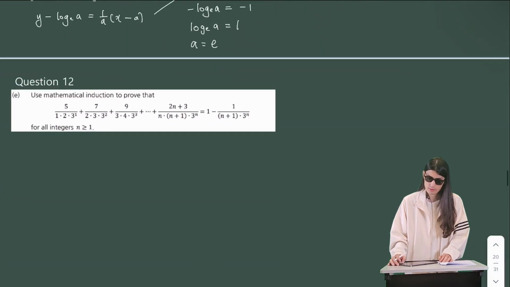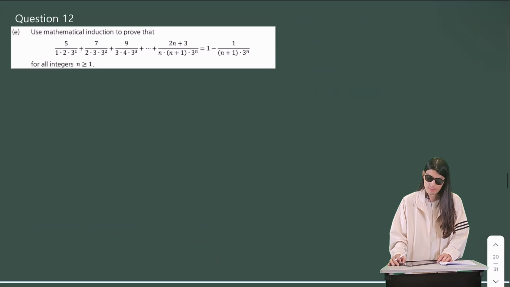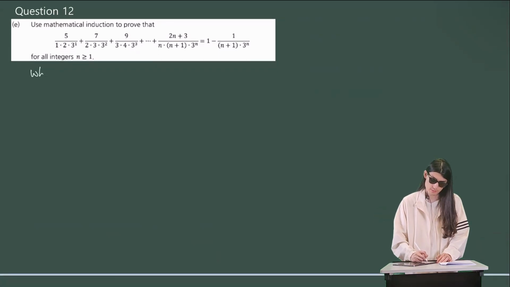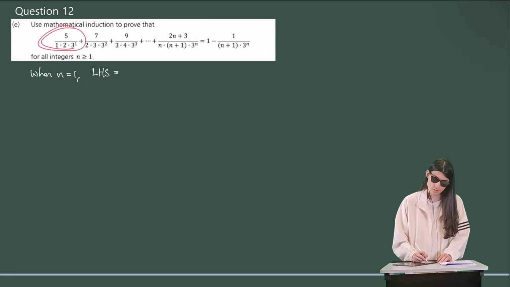Now, the last question of question 12, mathematical induction. So let's quickly establish the base case. When n is equal to 1, your left-hand side is the first term over here, isn't it? 5 over 1 times 2 times 3, which is 5 on 6.